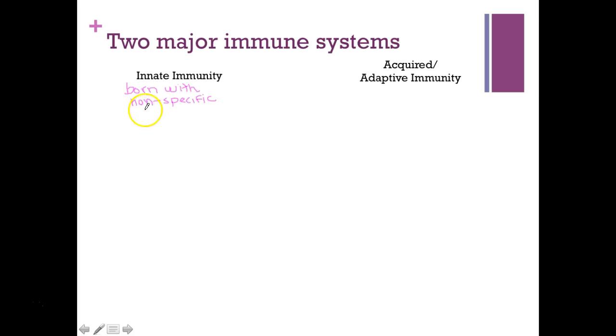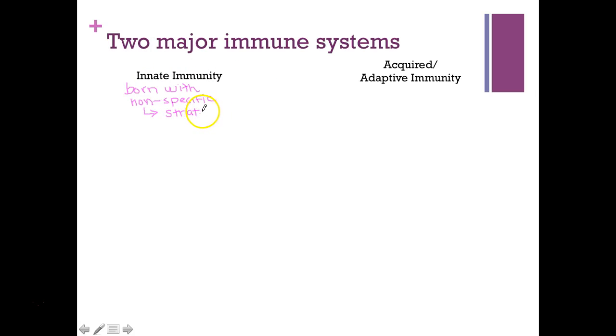Because it's non-specific immunity, your body just has a couple of strategies that it uses to combat any type of pathogen it comes into contact with. It's not a specific thing where we need a specific antigen combined with a specific receptor. Whatever it is, we're going to react to it exactly the same. There's no celebrities here in the innate immunity.